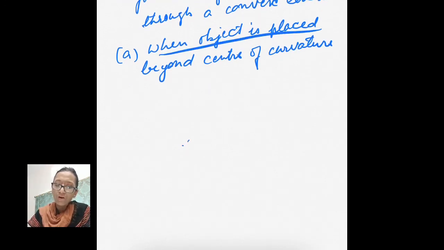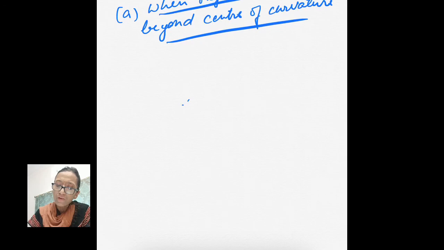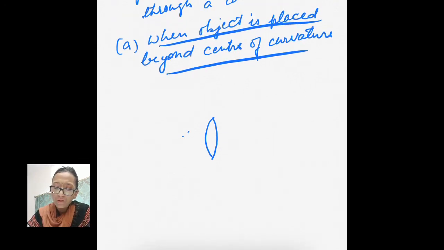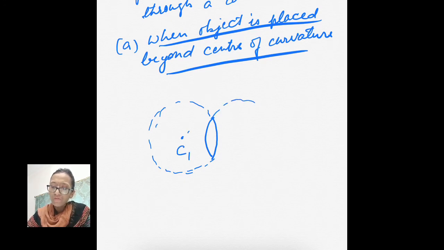So first of all, let me take a lens. Here I have a lens. Let me produce the two surfaces so that we could exactly get the center. So this is your C1, and if you produce this surface, you will get its center.